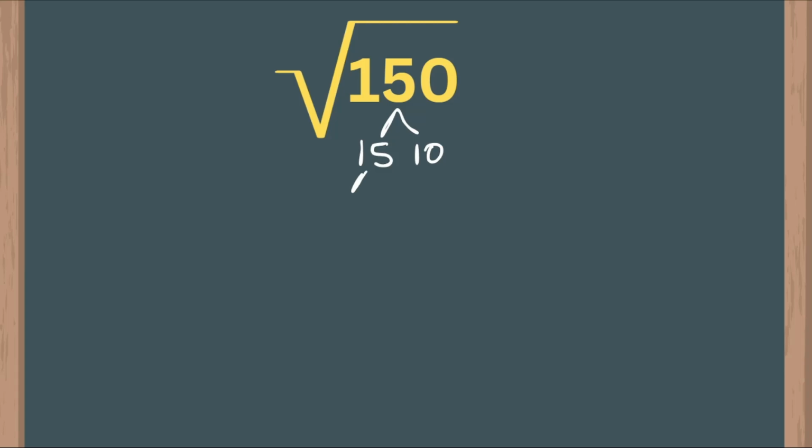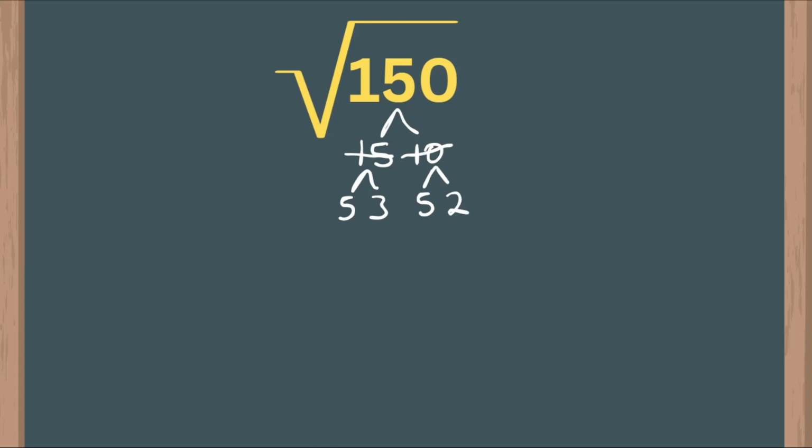So let's start with 15. 15 is 5 times 3. And I cannot break any of those down any further. So let's move to 10. Well, 10 is 5 times 2. We're locating our pairs. So once you break something down, you can kind of get rid of it.